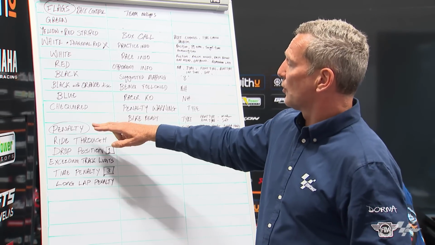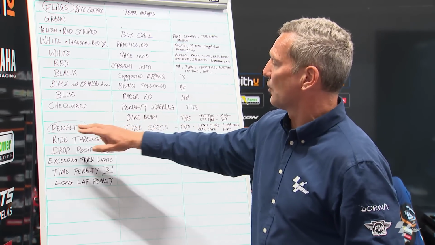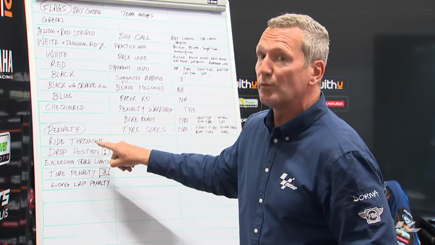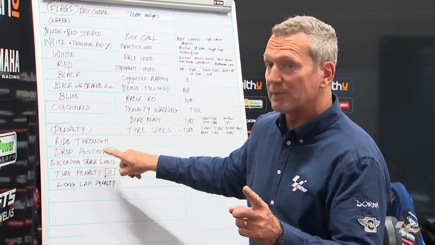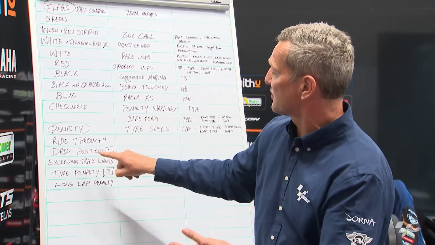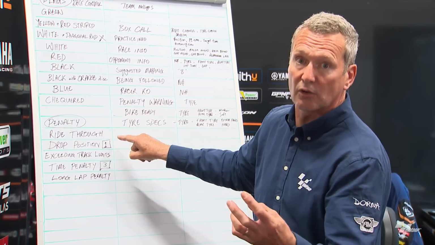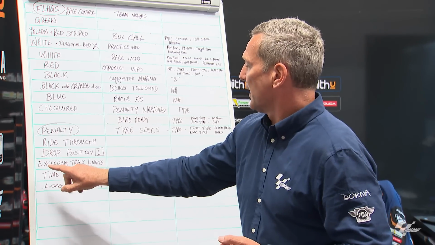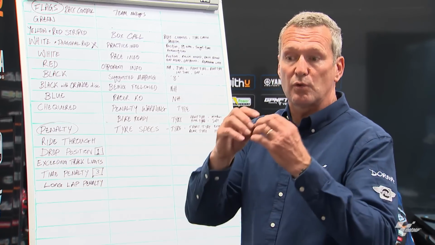Then they can also send penalties, okay? And I'll just run through the penalties that can pop up on your dash. So the ride-through penalty, drop 1 position or 2 positions, but it also says a number, so it gives you how many positions you've got to drop in the race. Exceeding track limits, that'll come up as a warning.